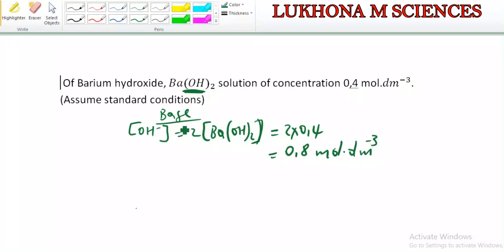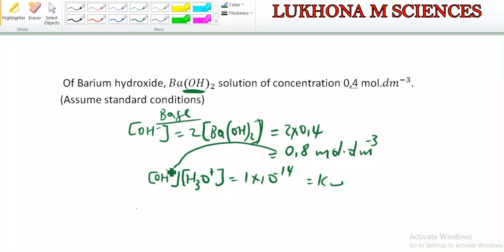Since we are calculating the pH of the base, we will start with KW, that is OH minus times H3O plus is equal to 1 times 10 to the power negative 14, which is KW. Now we have the concentration of OH minus. We have 0.8 times the concentration of H3O plus, which is equal to 1 times 10 to the power negative 14.